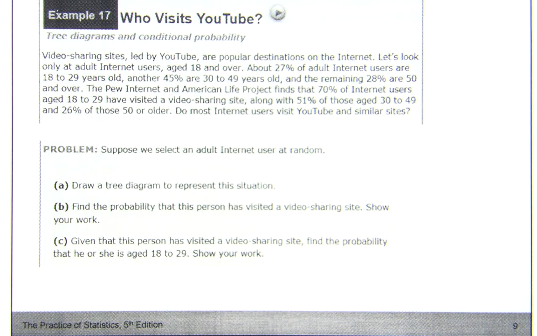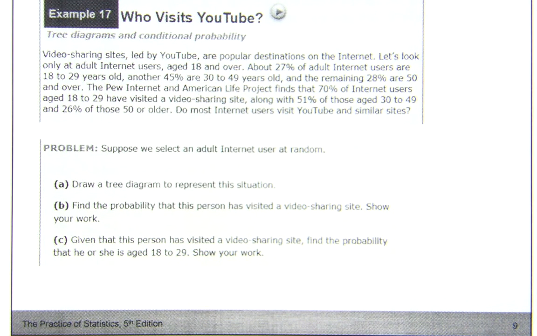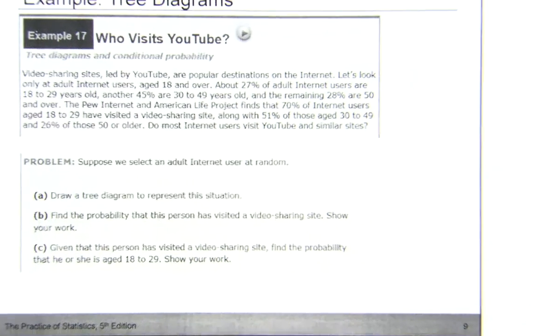Let's look only at adult internet users. About 27% of adult internet users are 18 to 29, 45% are 30 to 49, and the remaining 28% are 50 and over. 70% of the 18 to 29 internet users have visited a video sharing site. Do most internet users visit YouTube and similar sites? Okay, so just pretty easy to do.